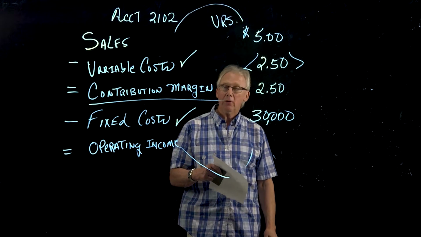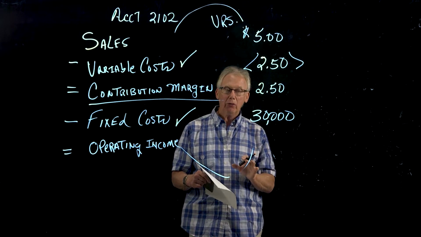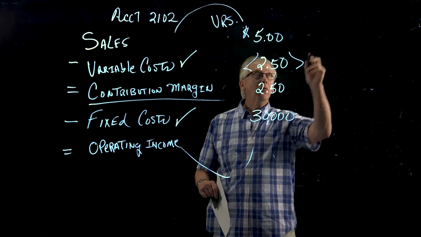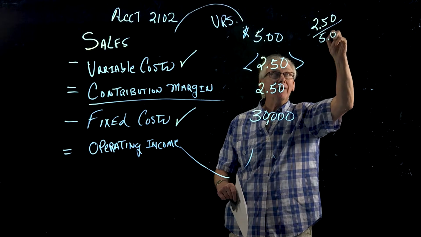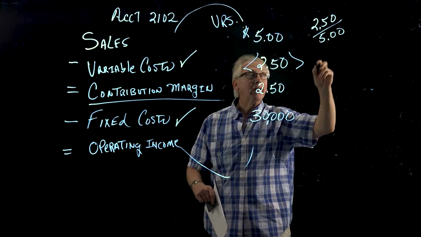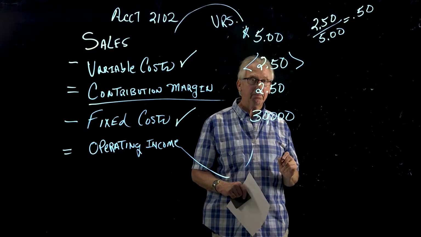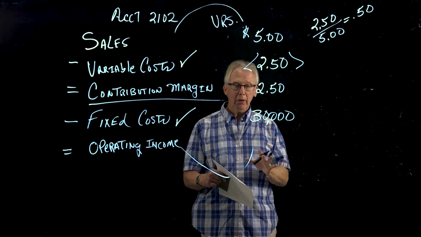Now, anytime we want to know an answer in dollars, we have to figure out the contribution margin ratio. So let's take $2.50 over $5, contribution margin divided by sales, and that gives us a ratio of 50%.